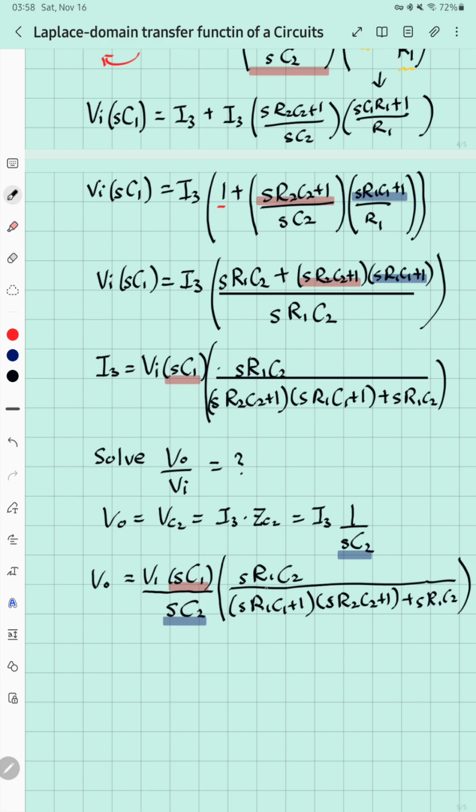I just like to order it as RC and then 1, then 2. And then let's look at this. This S cancels out, and this C2 cancels out this C2.